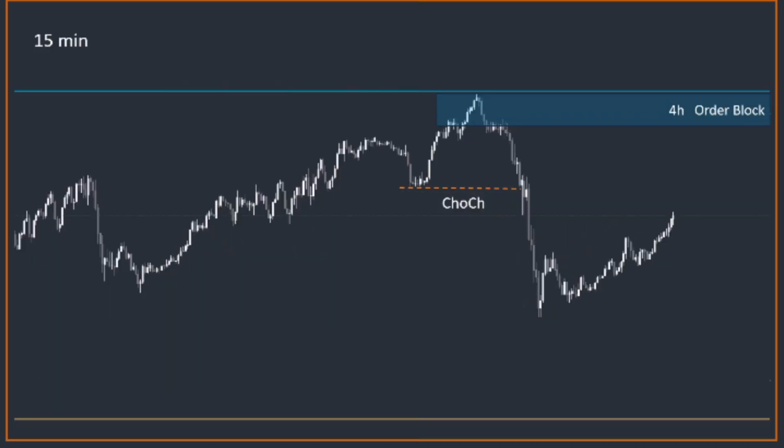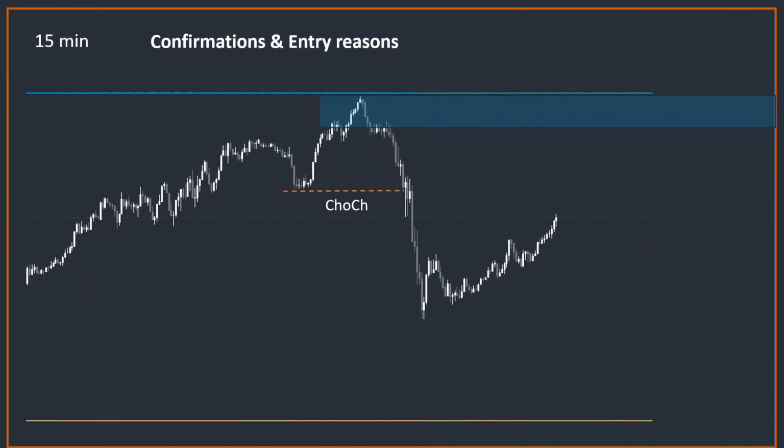And from the 15 minutes time frame, we still have our change of character. We still have the 4-hour order block. All right. And so on a 15 minutes time frame, guys, this is where we're going to be looking for confirmations and entry reasons. This is the time frame where we want to place our buys or our sells.